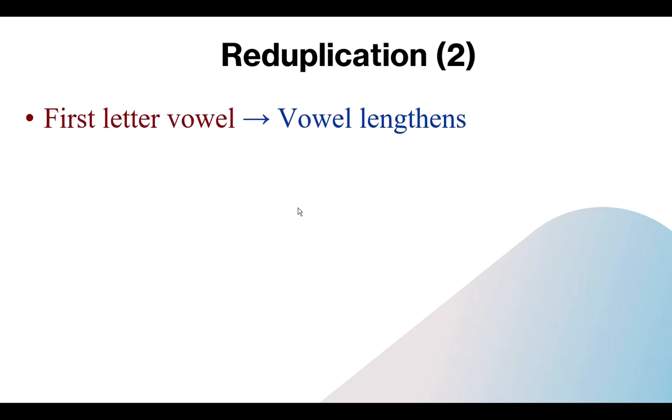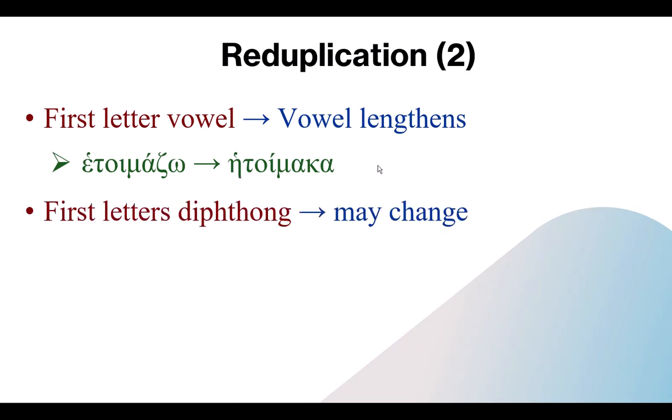Now, what happens if the first letter is a vowel? Well, the vowel lengthens. So for instance, hetoimazo, I prepare, the epsilon lengthens to an eta, and we get hetoimaka. So the vowel just lengthens. If the first letter is a diphthong, it may change or it may not change. As an example, we have aiteo.